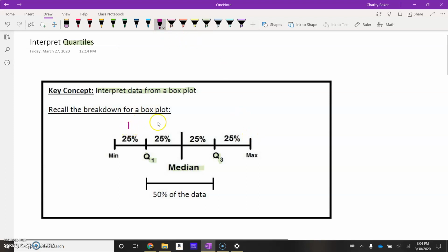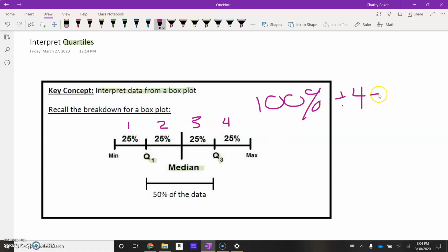So there's 1, 2, 3, 4 equal sections here. If we take 100% of the data and divide that by 4, we get 25. So what we really have here are 4 sections of 25%. 25% of the data is in each of these 4 sections. Okay?